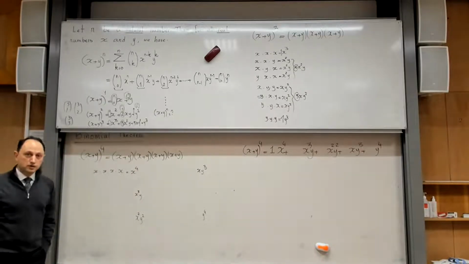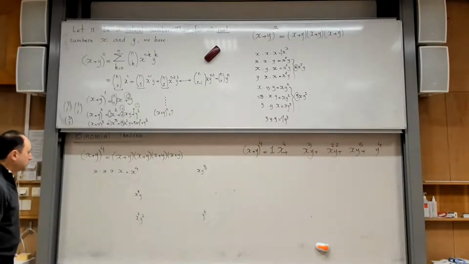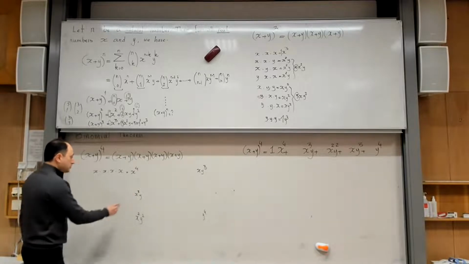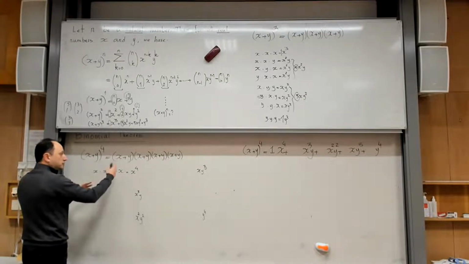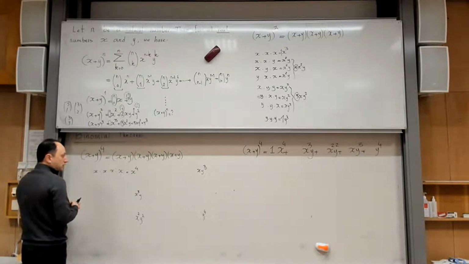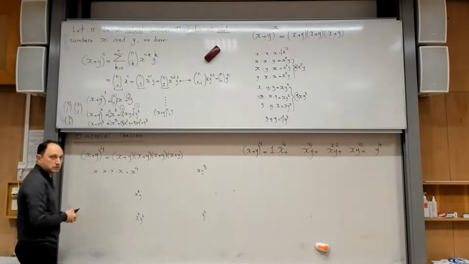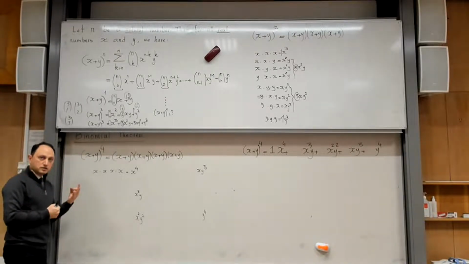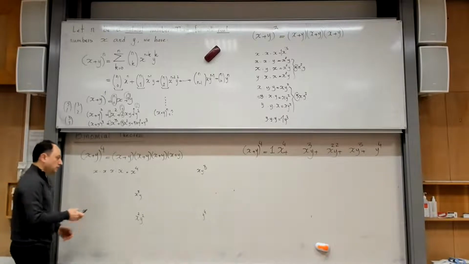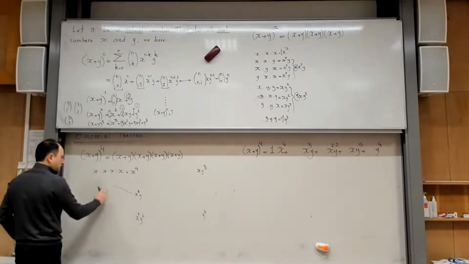Yes? But let us look here. I want you to predict what will be the coefficient of x to the power of 3 y. So this means that I have to see in how many ways I can choose x and y from each bracket so that it gives rise to this combination. So I have to choose 3 x's and 1 y. What are the possibilities if you want to write it down?